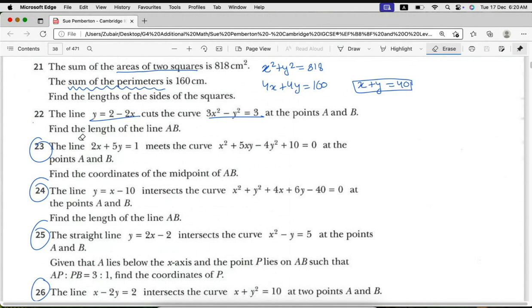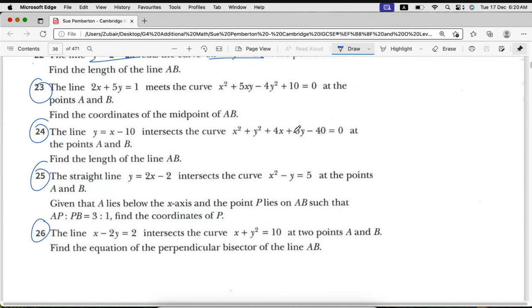And while 22 is the same, 23 seems a little different. 24 is again an extended equation. 25 involves something like ratios. You can ignore 26. No, it is different.